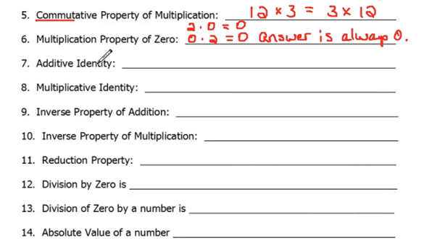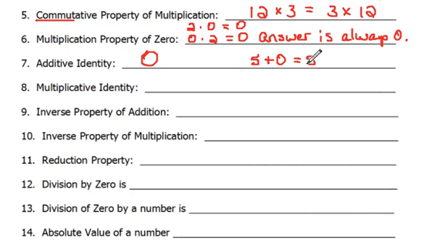What is the only thing that you can add to a number and then that number will not change? Well, that would have to be 0, wouldn't it? 0 is the only number that you can add to any number you want, and that number will not change. For example, 5 plus 0 will always be 5. It doesn't matter what you add 0 to, that number will be the exact same thing.